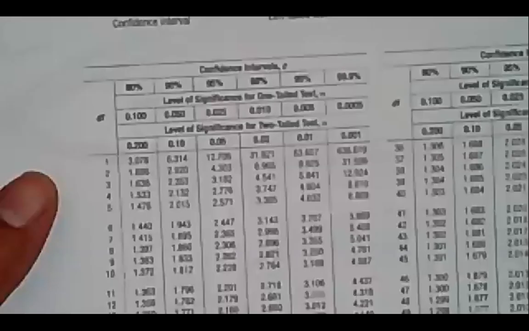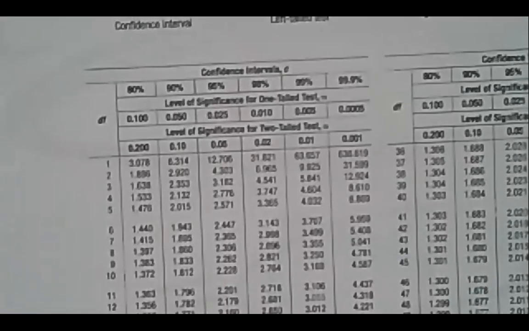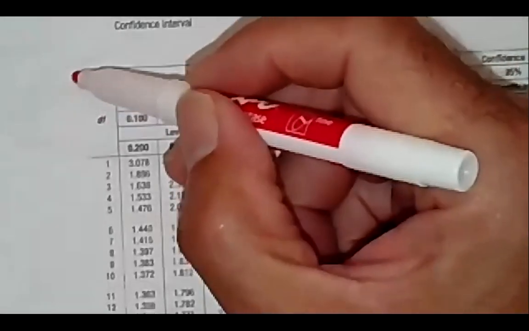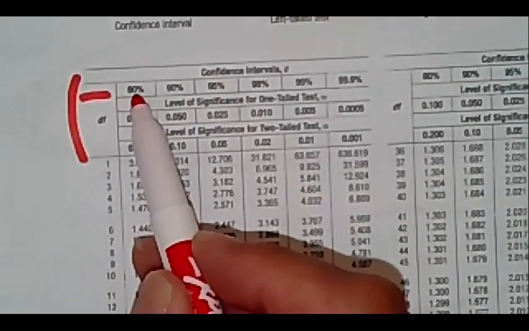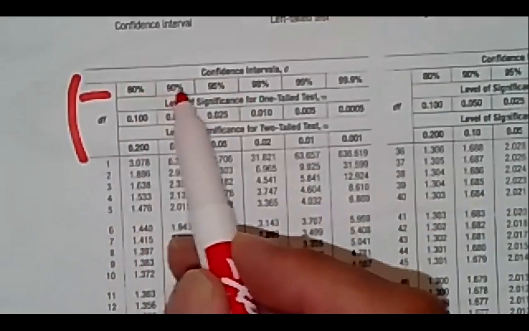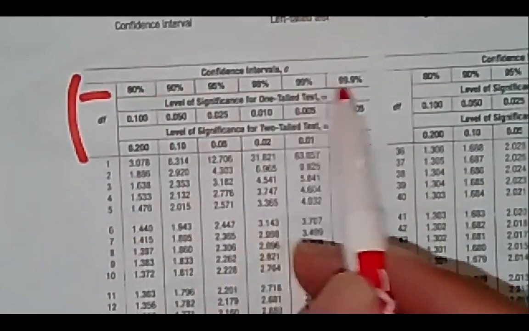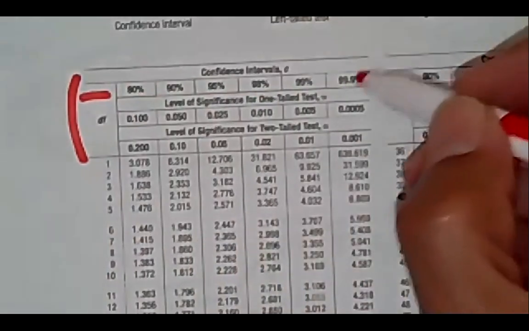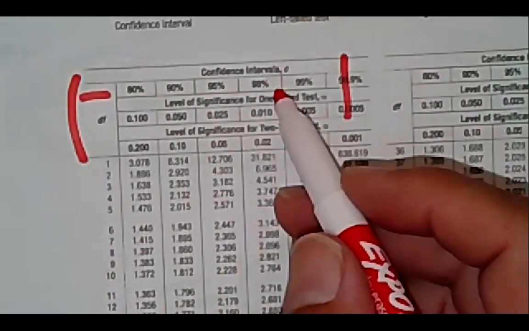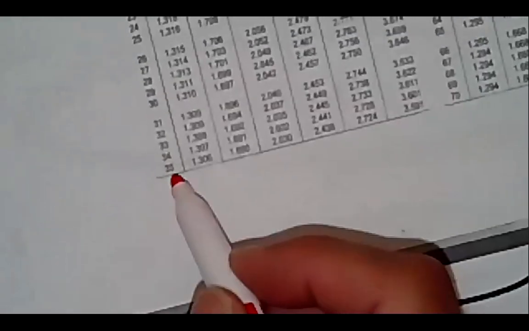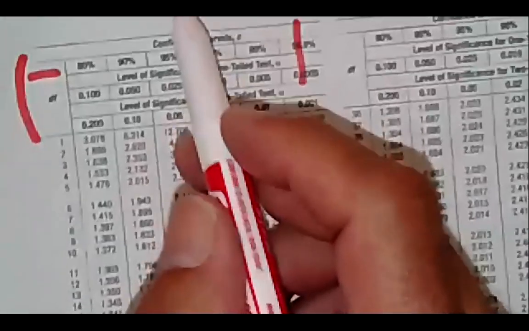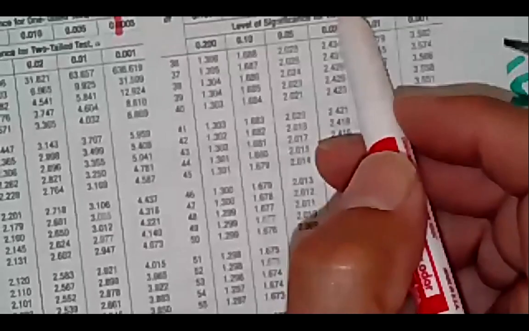Okay. At the top of the table, this top line here is confidence levels: 0.8, 0.9, 95, 98, 99, and 99.9. You're never going to use this column. And again, these are for values all the way down to degrees of freedom of 35, and then it repeats over here starting with 36 and going down to 70.